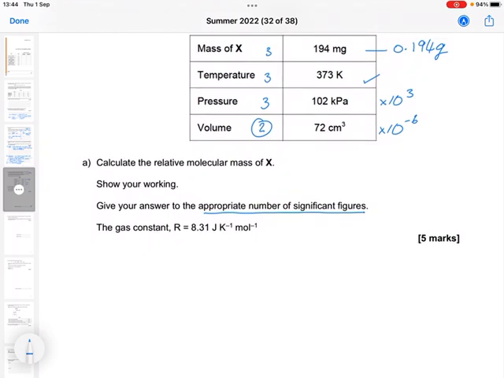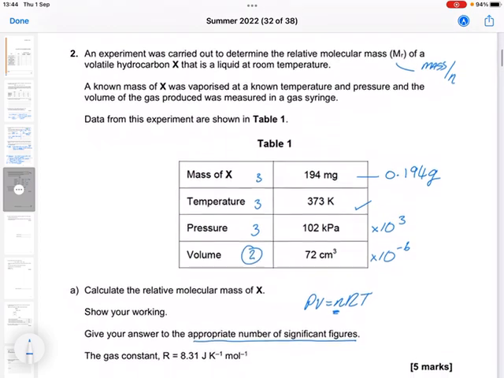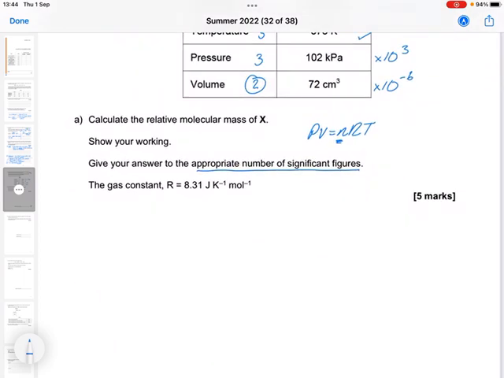So my PV equals nRT. I've got my mass. I need to find n, the number of moles, in order to get the MR. So number of moles is going to be PV divided by RT, and that will be one of the marks for rearranging it.